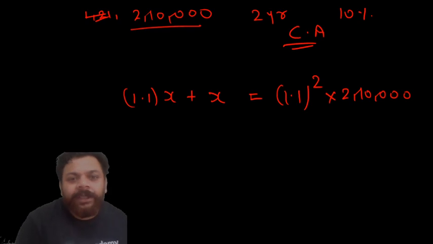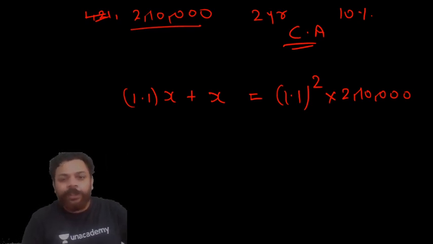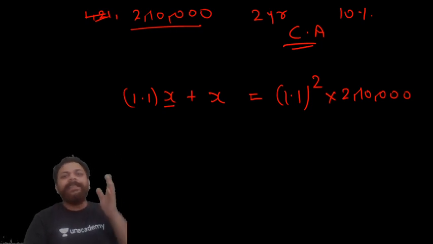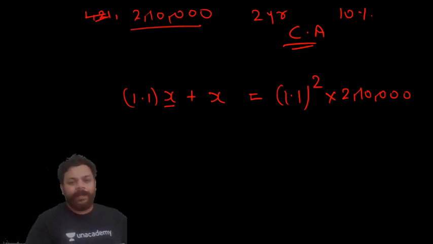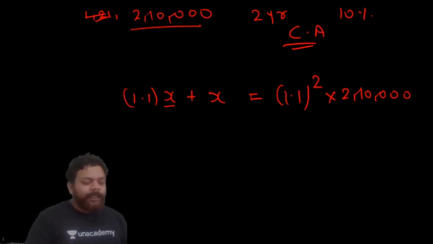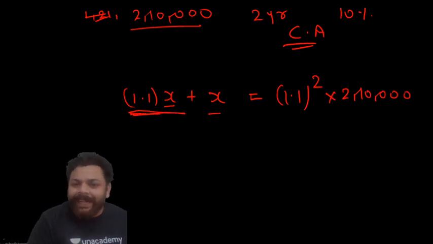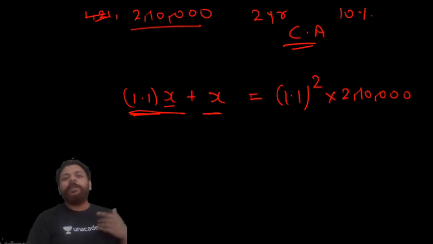How am I getting this one? This is the shortfall approach. I'll assume that I have divided this 2,10,000 into two equal parts. For the first part, I have paid interest for only 1 year, but for the second part, I have paid interest for 2 years.